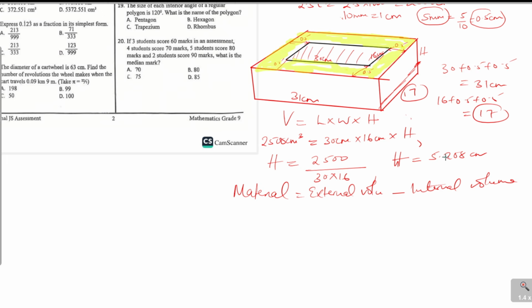So we got the height as 5.208. So now the height of the bigger cuboid will be 5.208 plus we must add that thickness of 0.5, which will give 5.708.